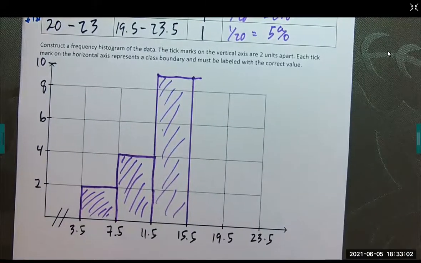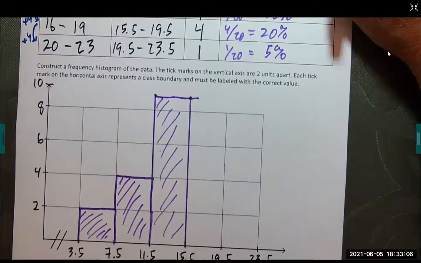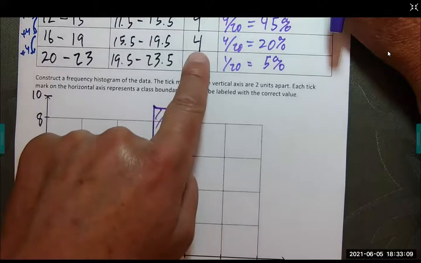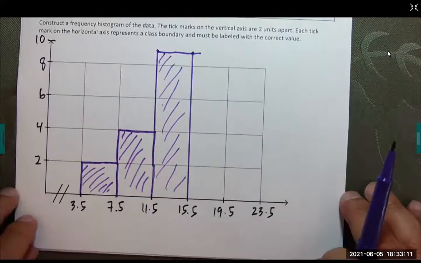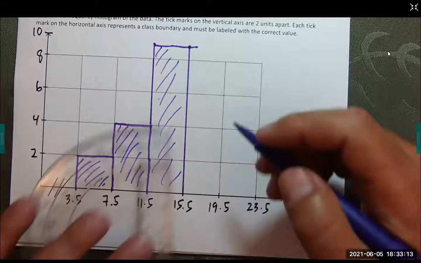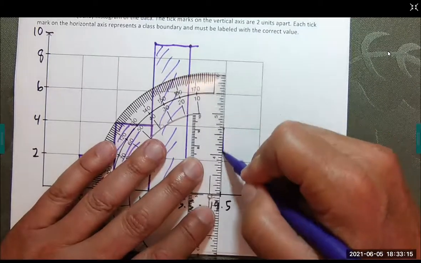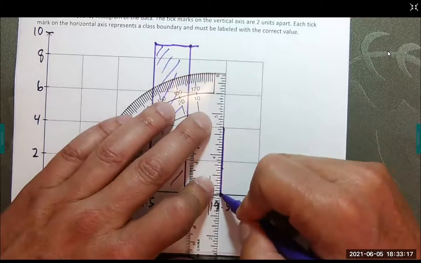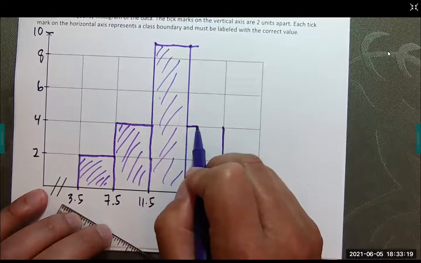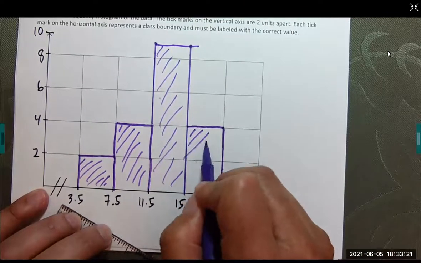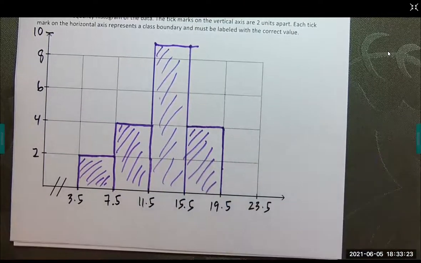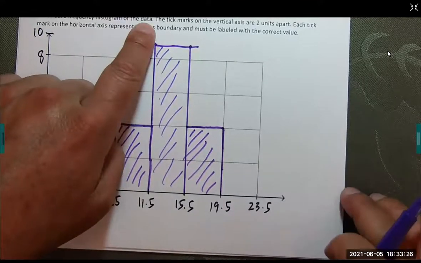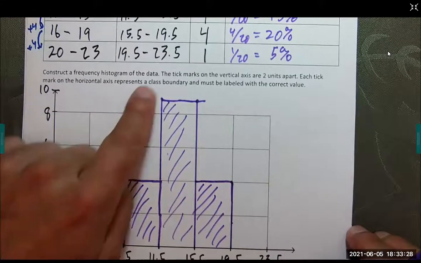And then between 15.5 and 19.5, we have a frequency of 4. And between 19.5 and 23.5, we have 1.